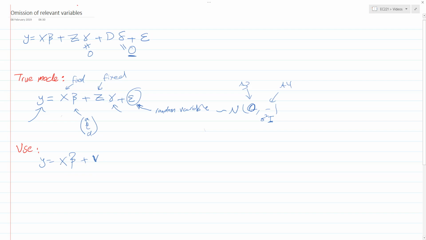So what does this mean? What does dropping a regressor mean? In the first model, the true model, we're collecting data that include x, z, and y. So for each x and z there is a y, and you get data filling these up.